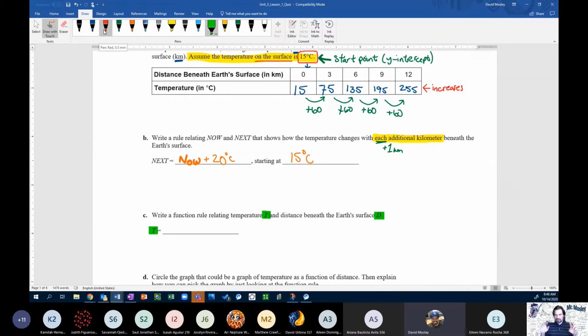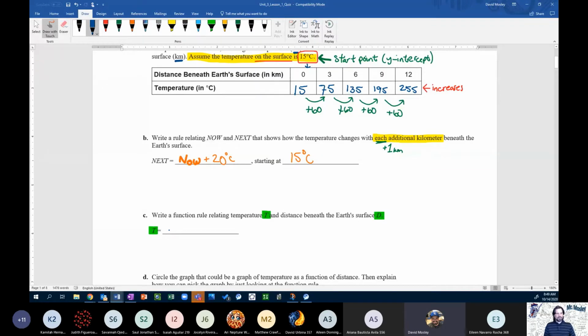So temperature is like y, if we're doing y equals something x plus a value. So T takes the place of y. D will take the place of x in our equation. We already know that we have our rate of change of 20 and our start value at 15.